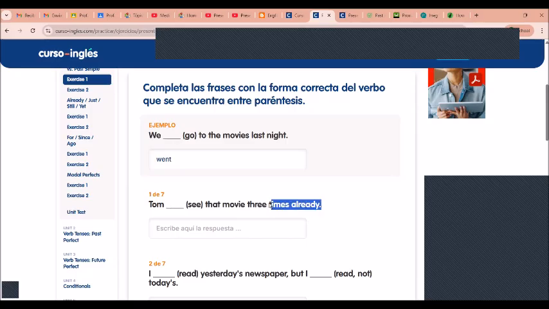This time expression tells us 1 time in the past, 2 times in the past, 3 times in the past, and Tom is still alive. It's possible this will happen again. This is an expression of experience. So we will use Tom plus have and see in its participle form.